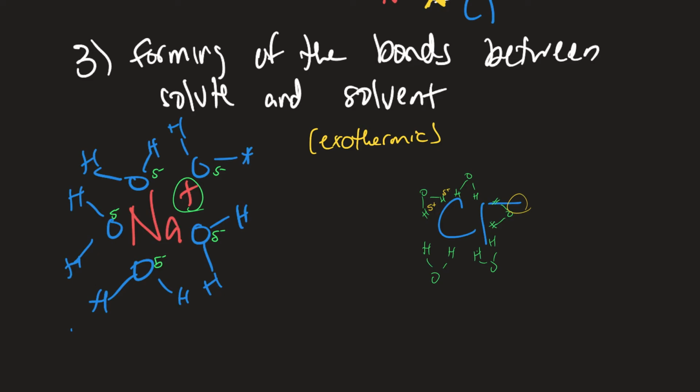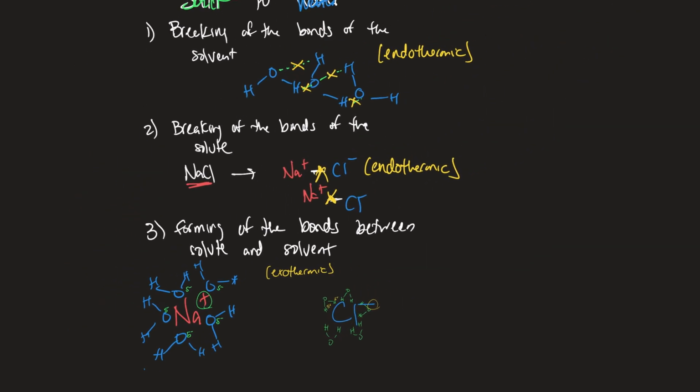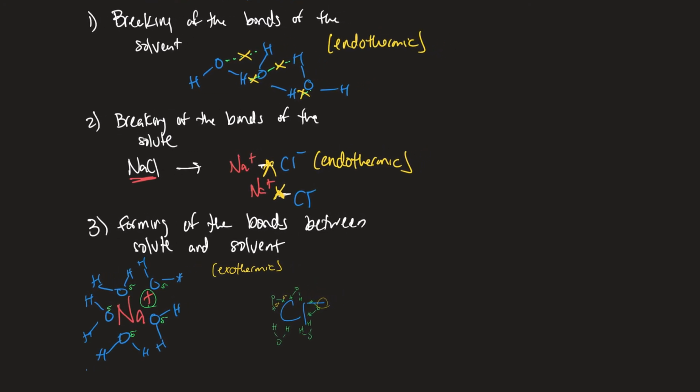And so as you see, it's like a 3-step process where you're breaking the bonds of the solvent, you're breaking the bonds of the solute, and then there's a formation of bonds between the solute and the solvent.